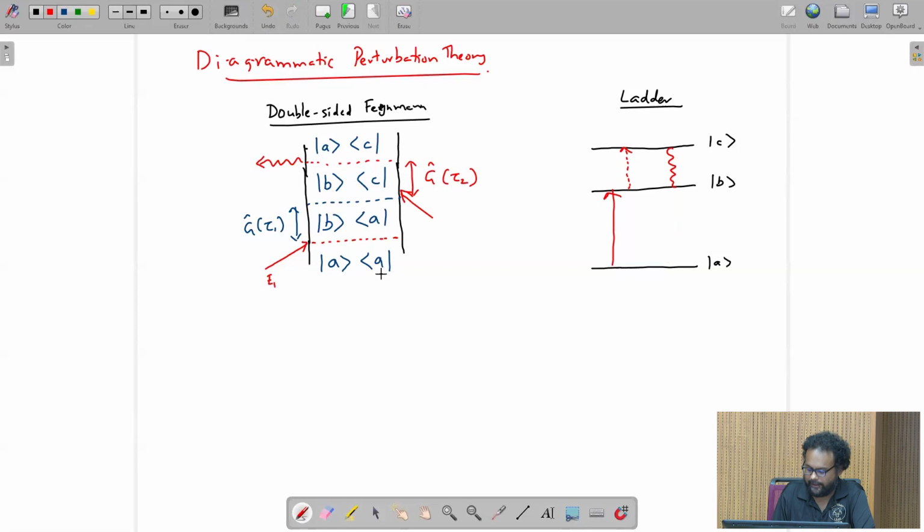We are creating AA, generating this coherence, then generating this coherence, and you're measuring that coherence. That is what it is. You're not caring about the final part. So for the sake of this lecture series, let's not worry so much about the ladder. Let's focus on the double-sided Feynman diagram.